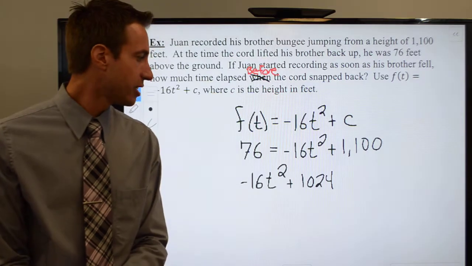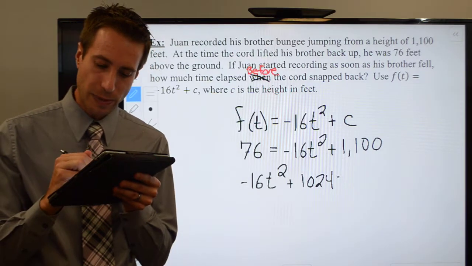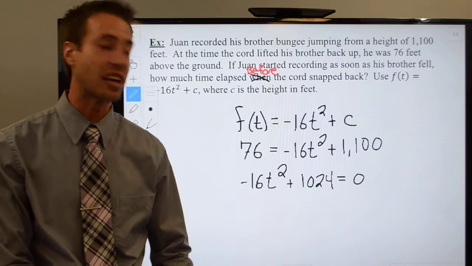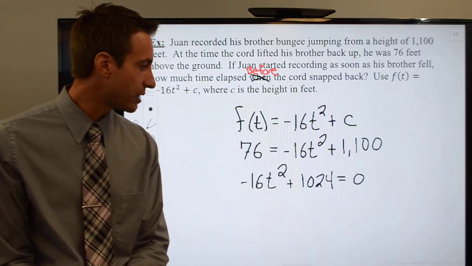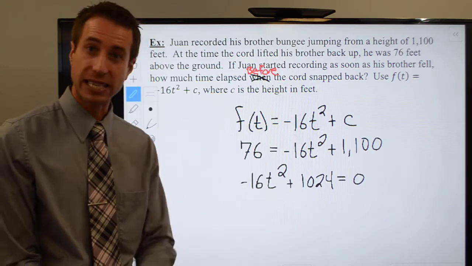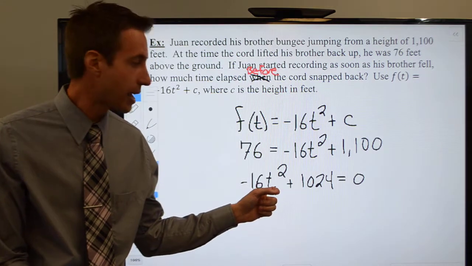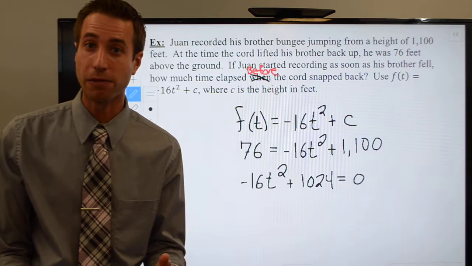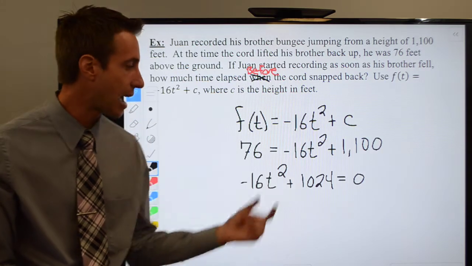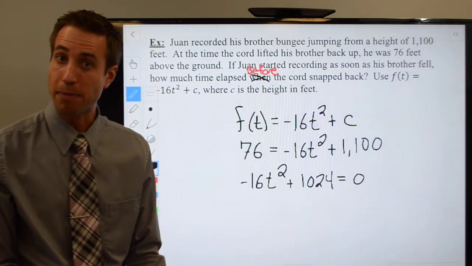Okay, actually it turns out that this problem is a little bit easier to solve than the other ones, and here's the reason why. I need to solve for t. And this is the only place that t shows up, right? I don't have a linear term. I don't have a number multiplied by t.